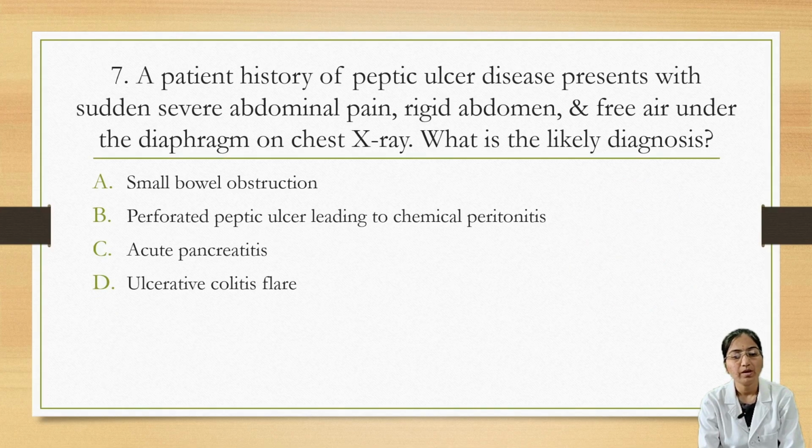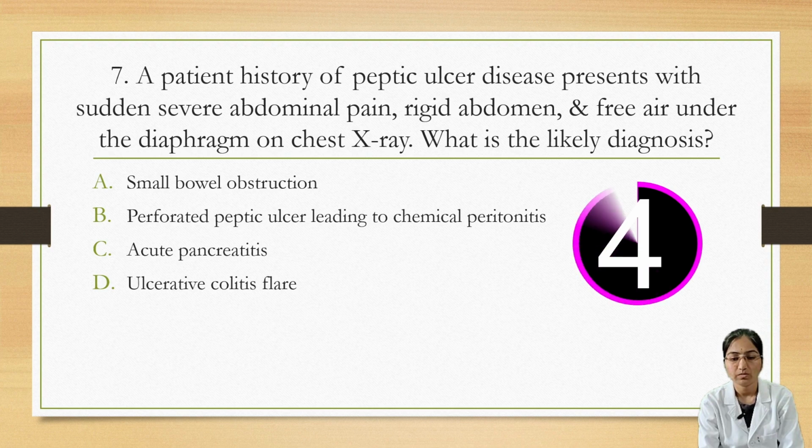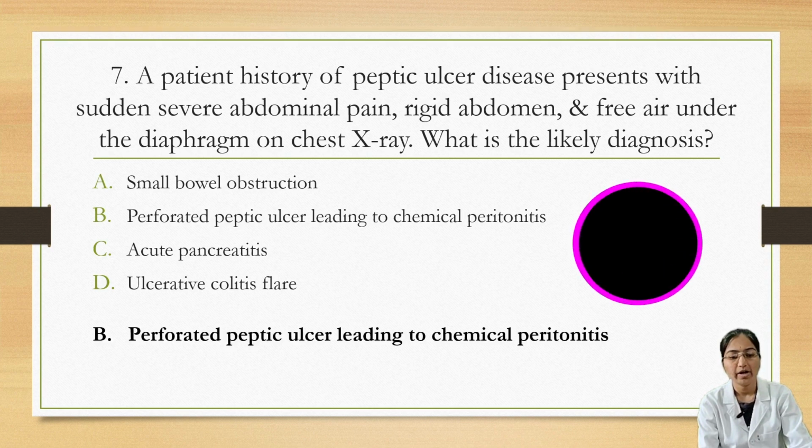Next question, a patient with a history of peptic ulcer disease presents with sudden severe abdominal pain, rigid abdomen and free air under the diaphragm on chest X-ray. What is the likely diagnosis? Right option is B, that is perforated peptic ulcer leading to chemical peritonitis.